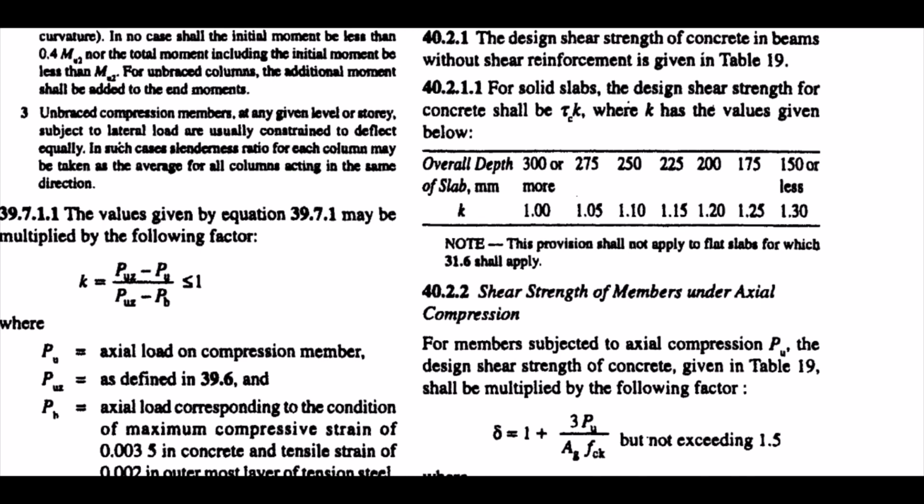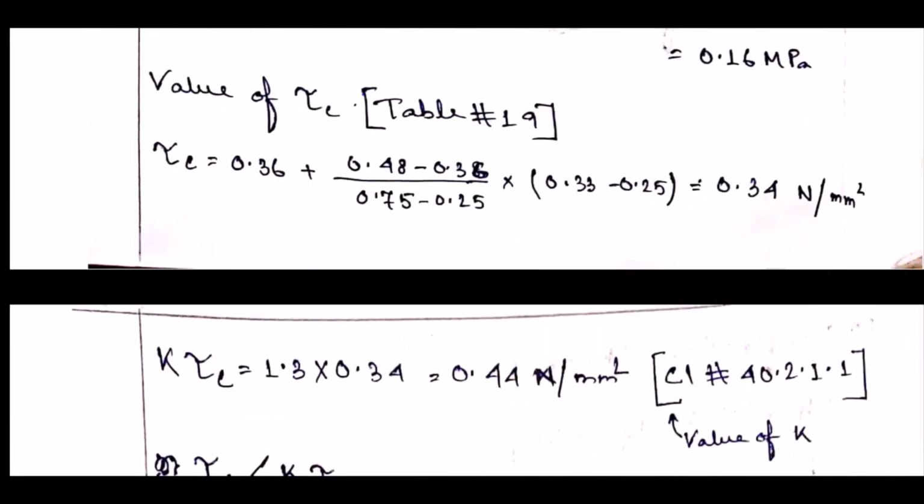For a solid slab, the design shear strength of concrete shall be tau C into K, where K has the values given. These are the depths: 300 or more, 275, 250, 225, 200, 175 and 150 or less. Our overall depth is 150, so the K value will be 1.3 for us. Let's check the calculation. K tau C equals 1.3 into 0.34, that equals 0.44 Newton per millimeter square or megapascal.